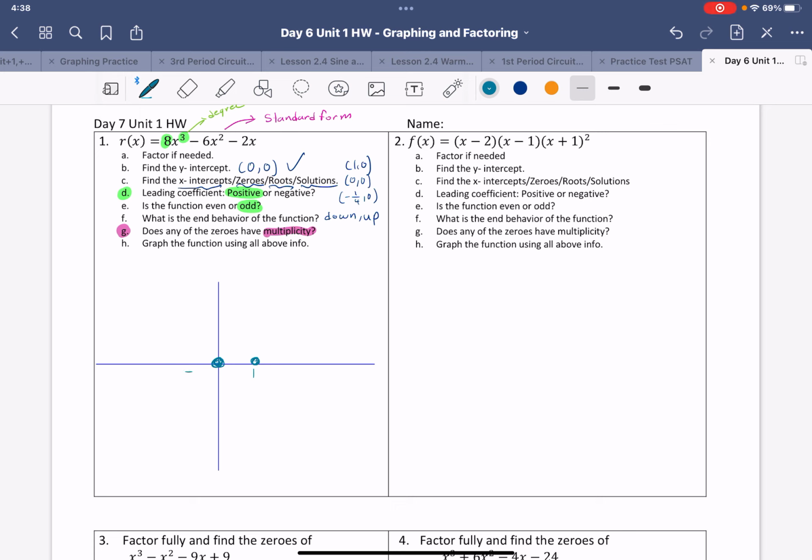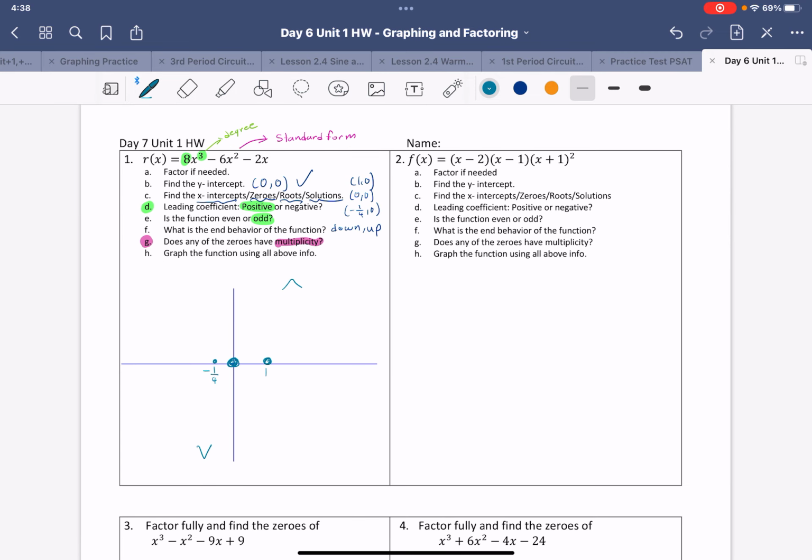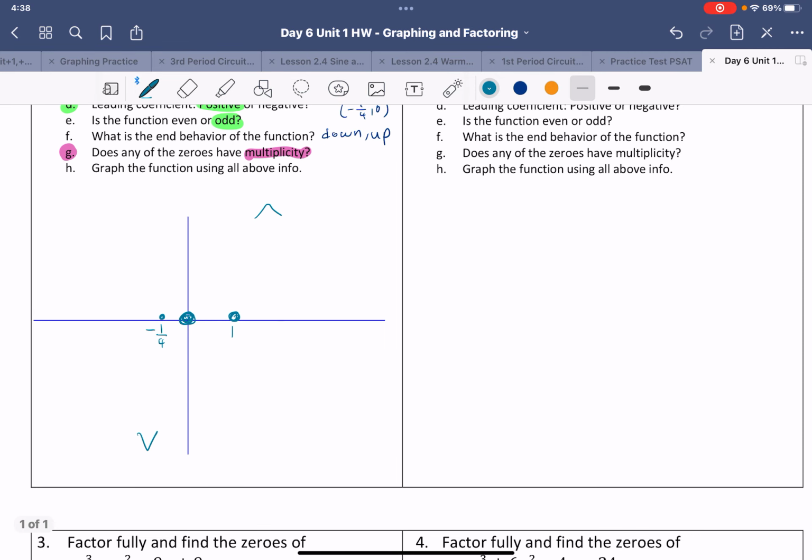I have an x-intercept of -1/4, 0. And then, yeah, that's it. And then I notice it's odd and positive, so I'm going to start down, and I'm going to end up. So this means now I'm going to go through my points like usual. If there's nothing weird with the multiplicity, you just go through your points, and you are done. And that's it, everybody.